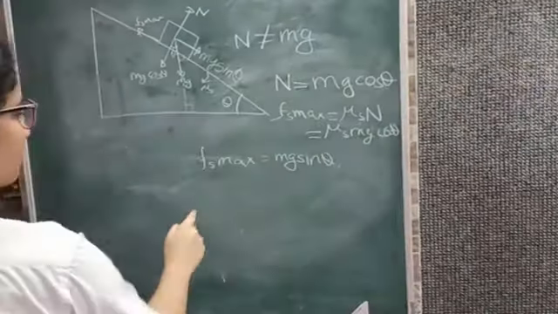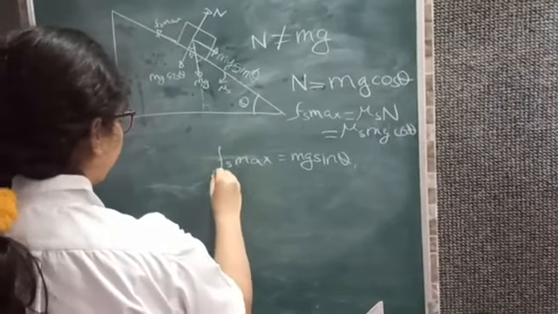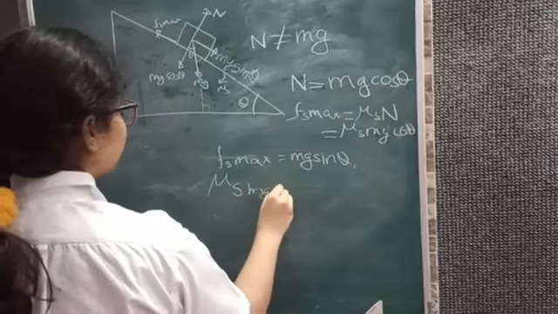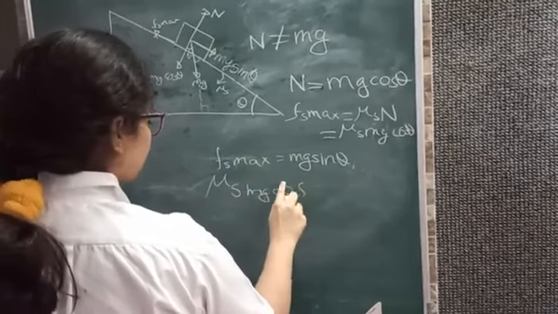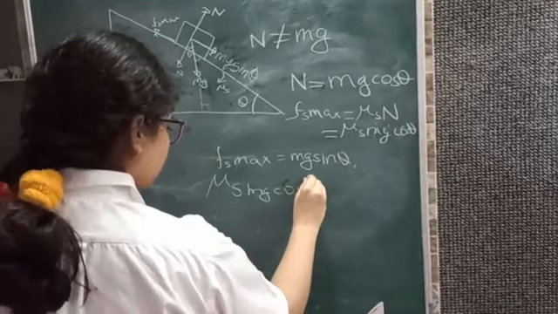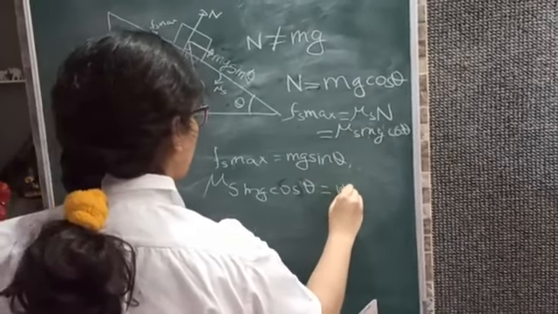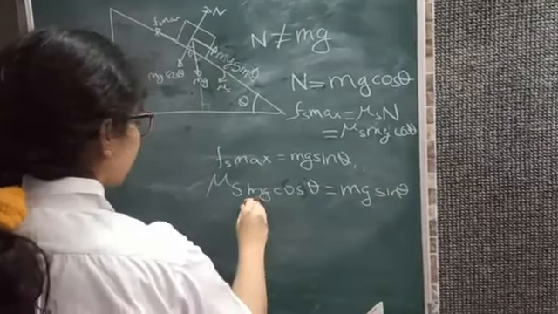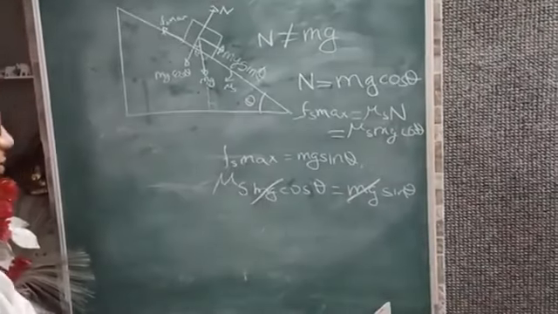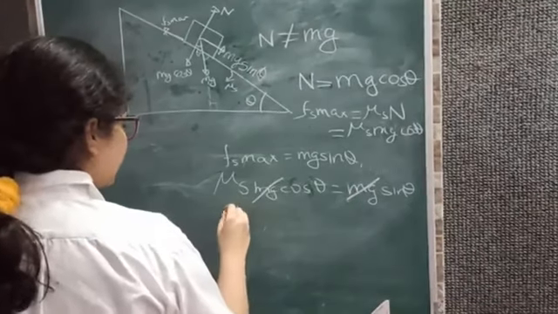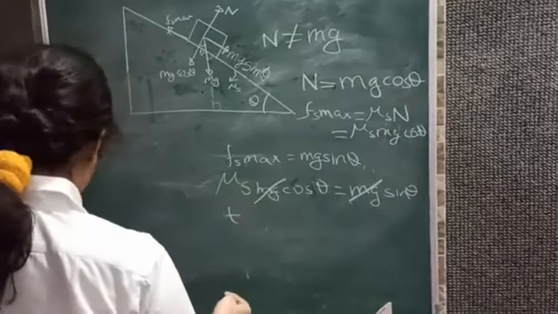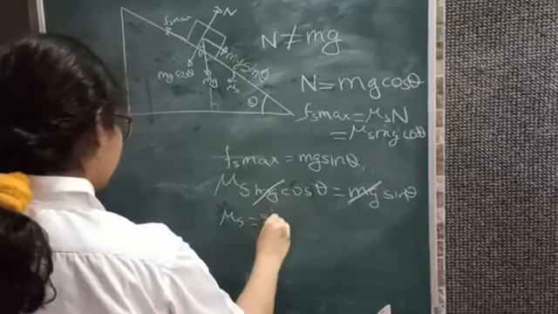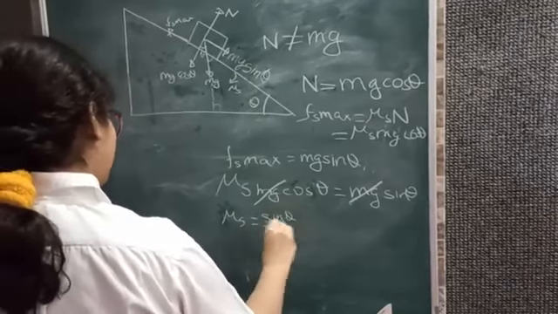So by replacing Fs max's value over here, we find that the equation is mu s into mg cos theta is equal to mg sin theta. mg gets cancelled from both sides, so at the end we get that mu s is equal to sin theta by cos theta.